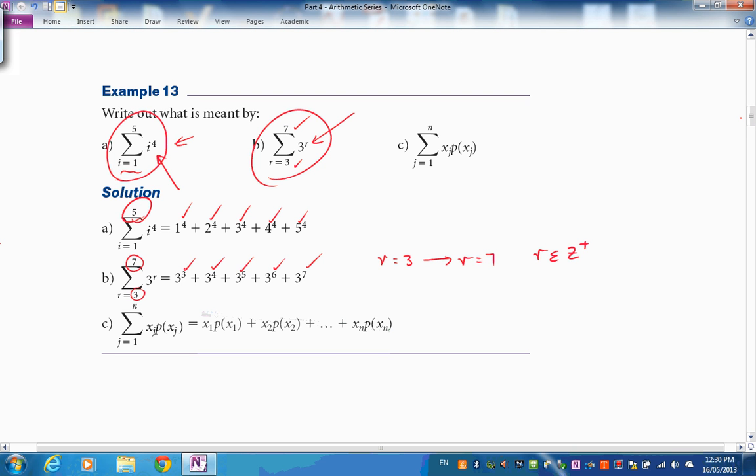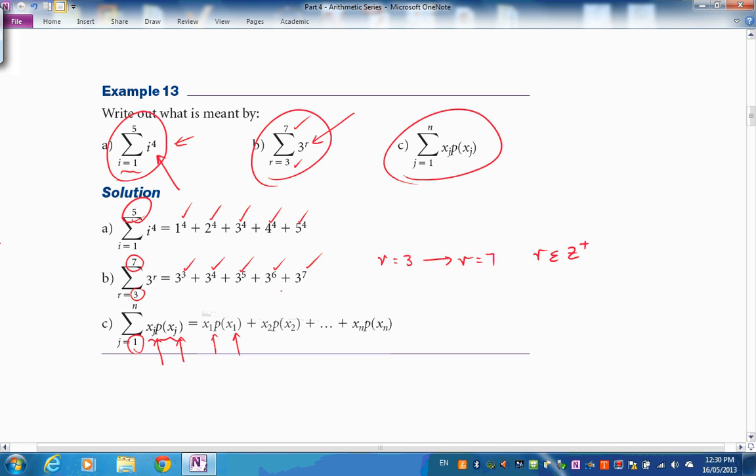All right, what about this last one? This looks complicated. Let's have a look in here. It's x subscript j, p of x subscript j. So, well, we don't know what that means. Let's put the terms in as it states there. j can go from 1, so that would be x1, p of x1.